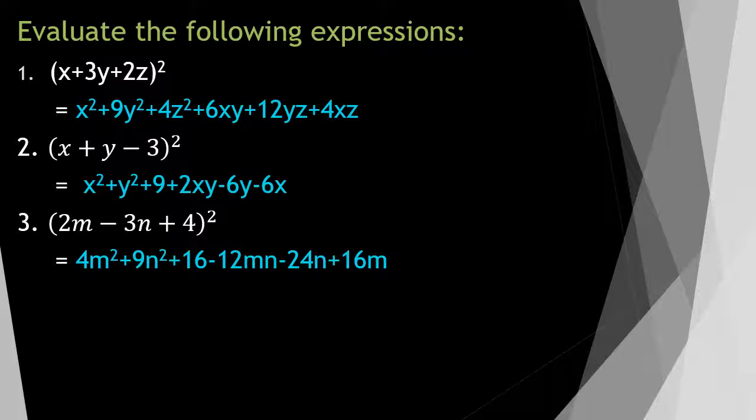Since our middle term in the trinomial is negative, that is why in the product we have negative signs in the fourth term and in the fifth term. So it is the same process as example number 1 and number 2, but we alter it with its negative sign. That is why we depend our formula on the given.